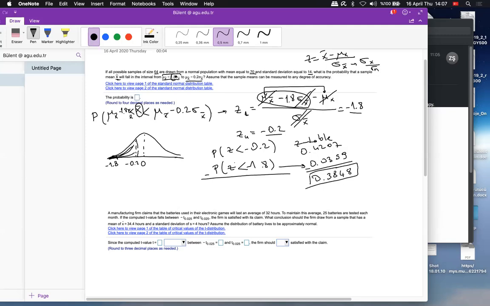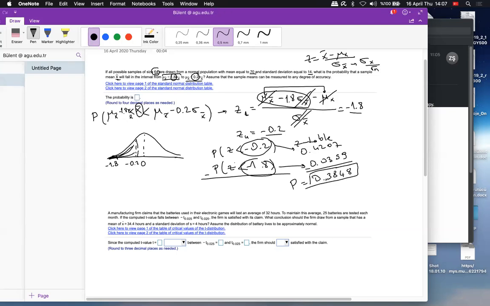These values changed in your questions. Each question may come with different numbers, and these upper and lower bounds have changed. So your results will be changing, but the probability for this question will be something like that. So we should be able to read the Z table for these two values and obtain the probability, okay? I guess it is clear.